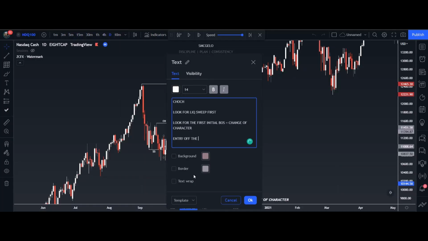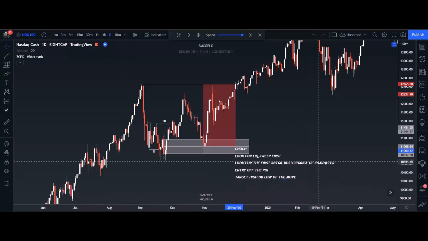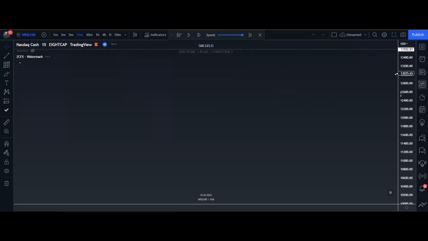Entry off the point of interest, target the high or low, whether you're selling or buying, target the high or the low of the move, of the impulse. That's change of character. Just like I said, keeping it sweet and simple.